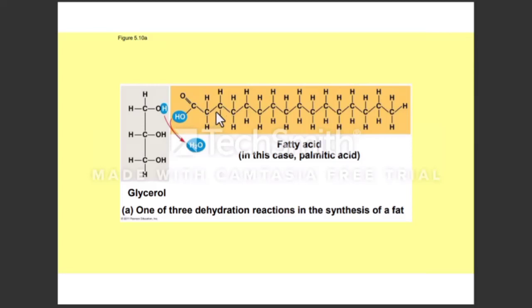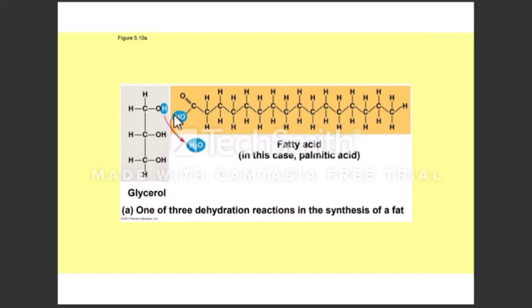This R group that is linked to this carboxylic acid has 1, 2, 3, 4, 5, 6, 7, 8, 9, 10, 11, 12, 13, 14, 15 carbon atoms. So this fatty acid here is palmitic acid, the one in your palm oil.